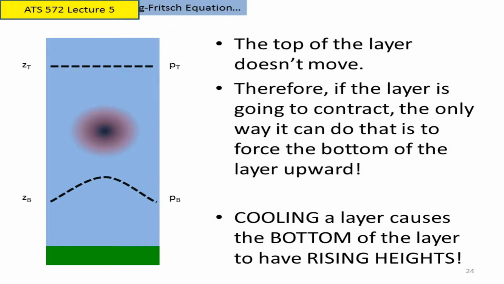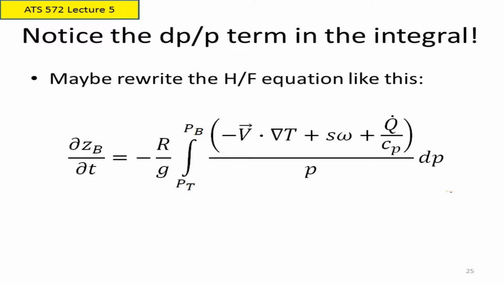Now, this is not to imply that heating is equally important in all places in the atmosphere in the Hirschberg-Fritsch development. In the Hirschberg-Fritsch development, there is that dP over P term. You can actually rewrite that integral to be in this sort of form where you have all those heating terms like temperature advection, adiabatic processes, and diabatic processes with pressure in the denominator, and you have that inverse pressure weighting term here.